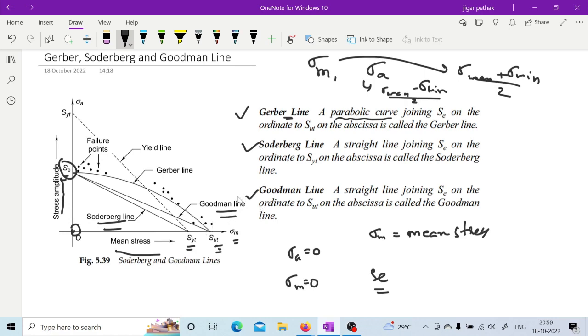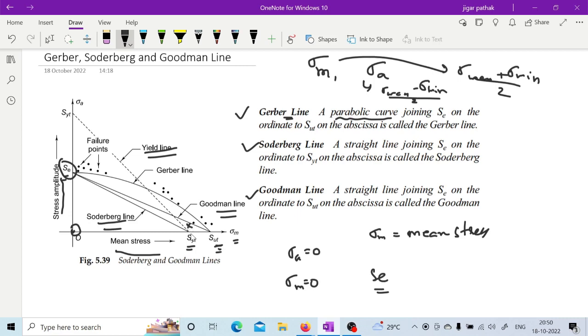But one important thing to notice here is, if you plot the yield line, right, yield point on both the axes, stress amplitude as well as mean stress, then if your point is outside this line, the Goodman line can still give you a safe point.